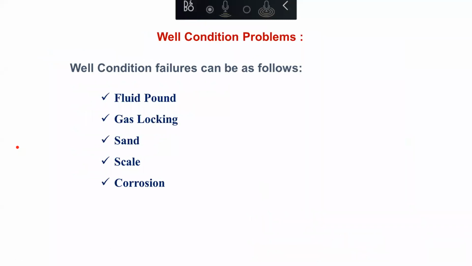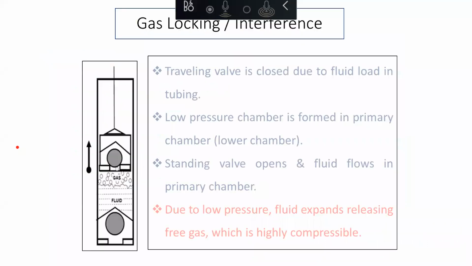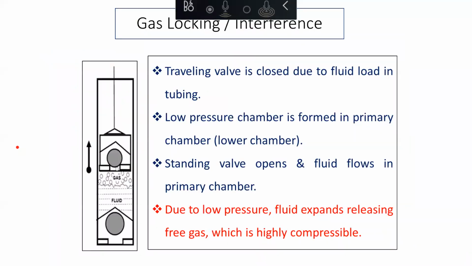For well-conditioned failures, you have fluid pound, gas locking, sand, scale, and corrosion, which will be related to the efficiency of your pump. Now let's look at gas locking or gas interference. Gas interference is basically your traveling valve opening late because of the compressibility of gas.